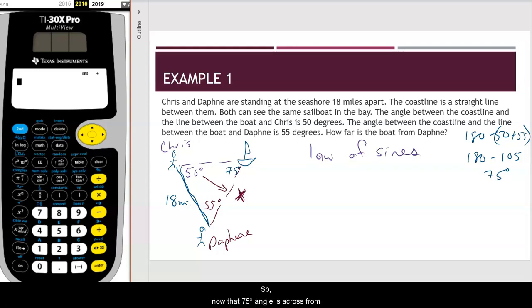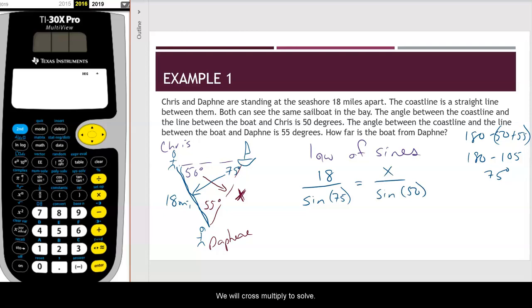So now that 75 degree angle is across from our 18. So when we write the equation that we're going to solve, we would have 18 over sine 75 equals x over sine 50.